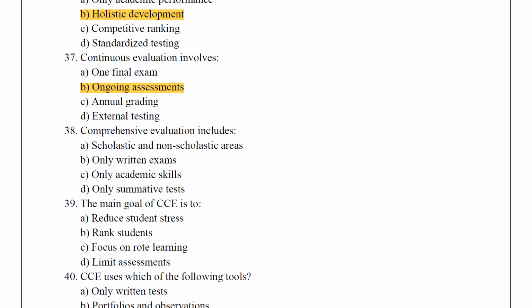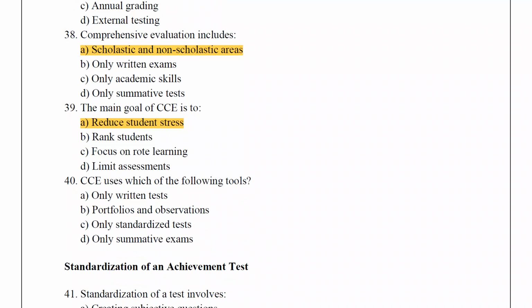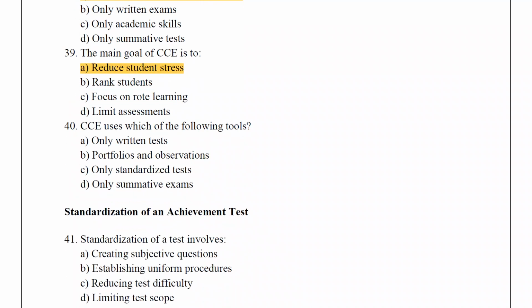Comprehensive evaluation includes scholastic and non-scholastic areas. The main goal of CCE is to reduce the student's stress. CCE uses which of the following tools? Portfolios and observations.